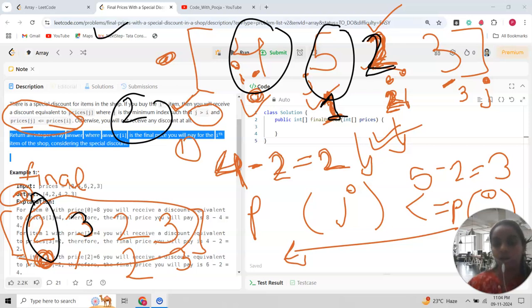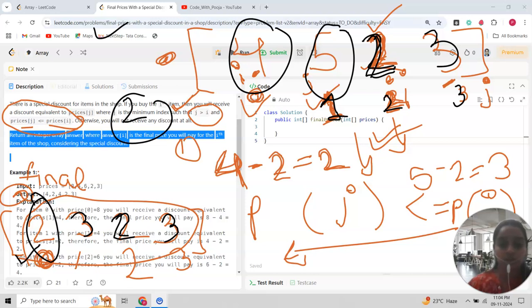Now at index 2, the actual is 2, but after discount 2, it means there is no discount on this element. Of course at the third index, the amount will be 3 before discount, and after discount it will be 3. It means there is no discount.